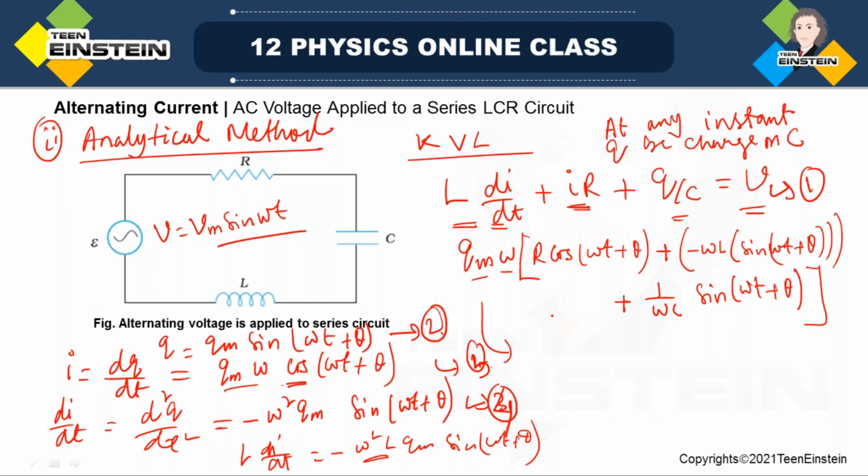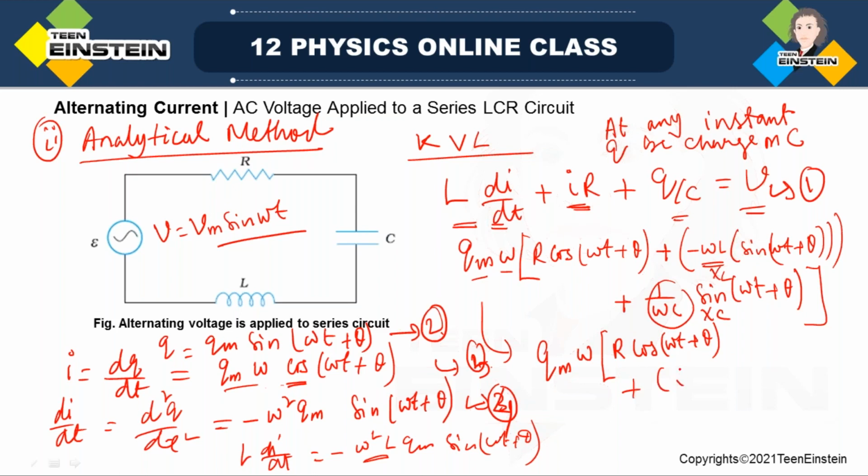If we simplify a bit, we can write this as qm omega into R cos of omega t plus theta, and omega L I can write as XL, and 1 by omega C I'll write as XC.